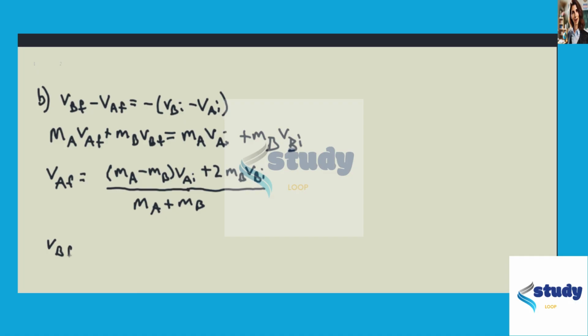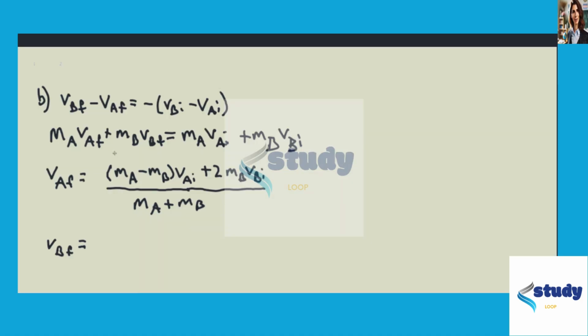And then just to make sure, what I did when I was working this out is you can solve this for VBF in terms of VAF, put that in here for VBF, solve for VAF, and then once you have an expression for VAF, you can put that back in here and get VBF.